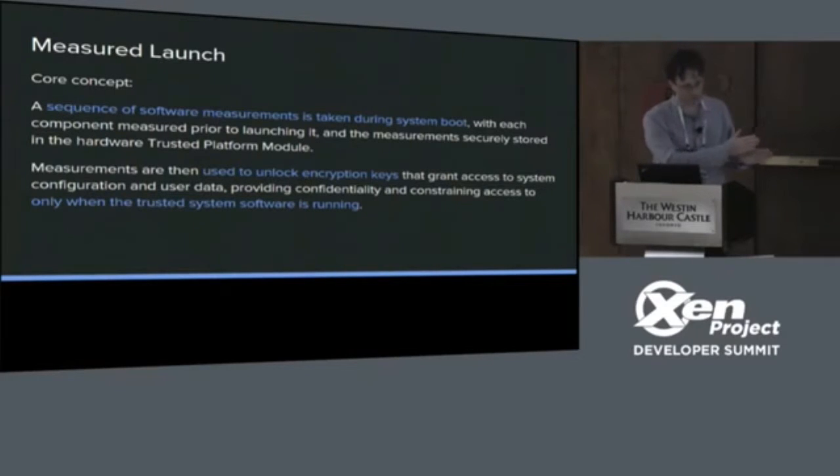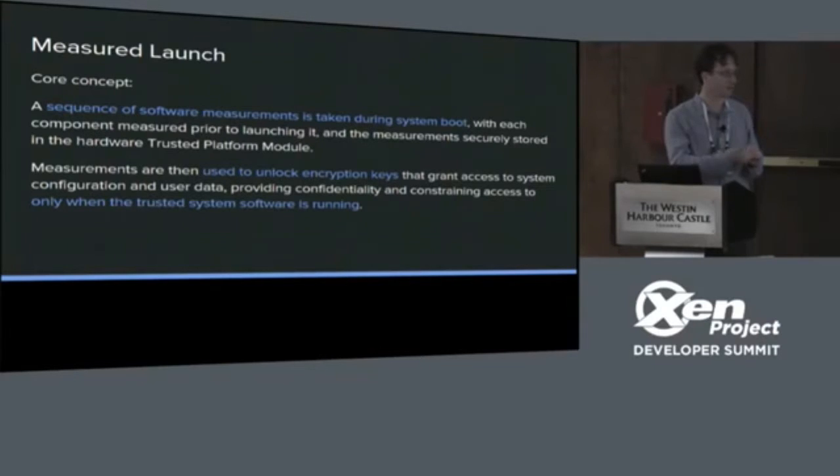And if you make it all the way through your boot sequence, you end up with a set of measurements that are a representation of all of the software that you are running at that point, and these measurements are then used to unlock encryption keys that grant access to the partitions on disk.